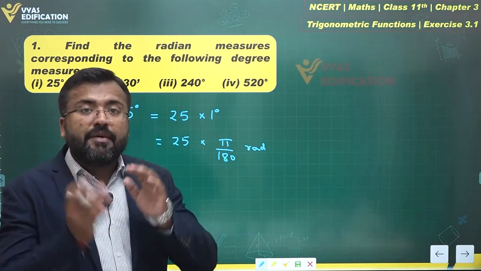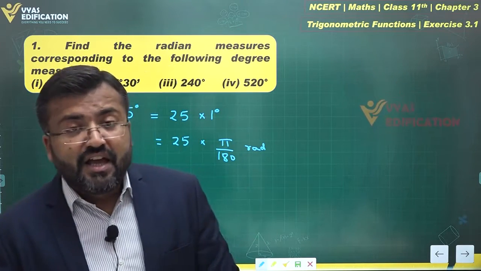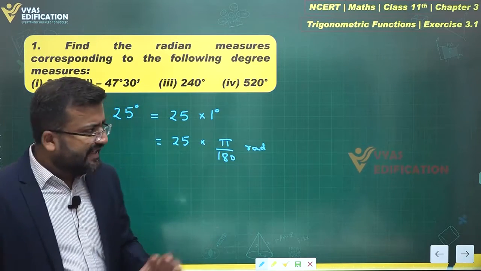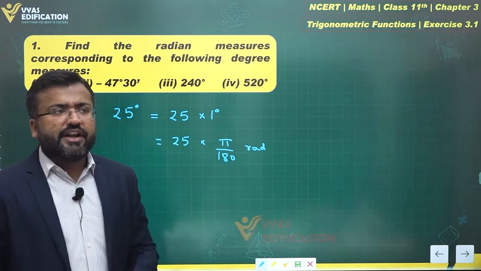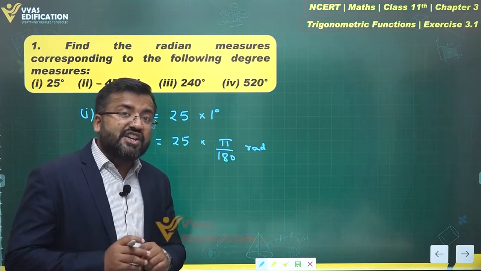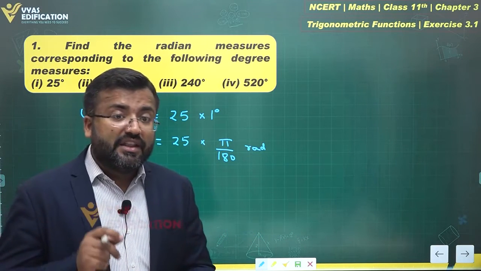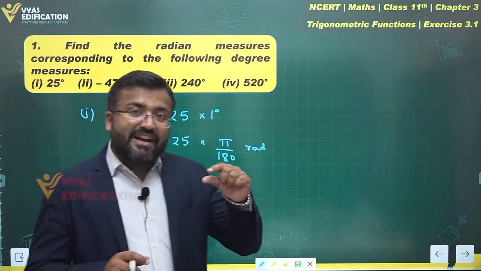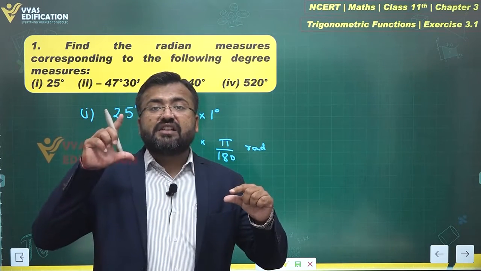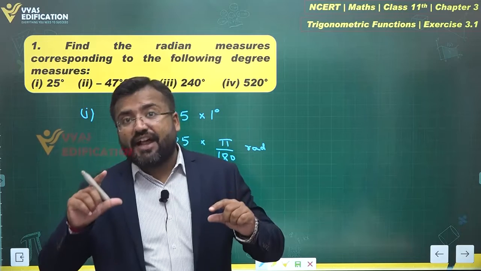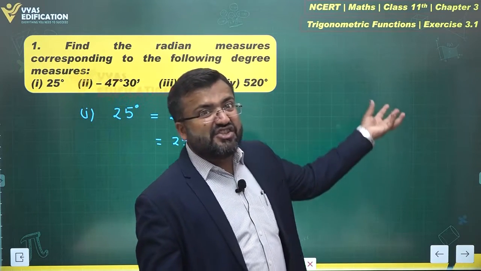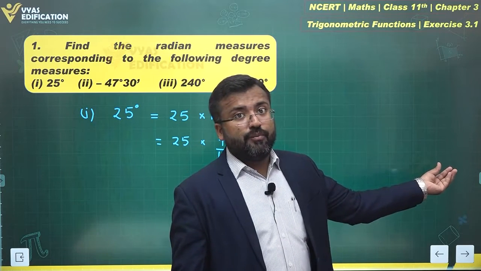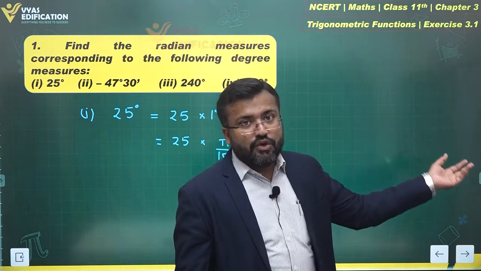And remember one more thing. If you have any confusion about whether we'll be multiplying with pi by 180 or 180 upon pi, remember that the value in radians would be much smaller as compared to the value in degrees, numerically. Like 360 degree was equal to 2 pi. Now 360 is a huge number as compared to 2 pi. 180 degree is equal to pi radians.